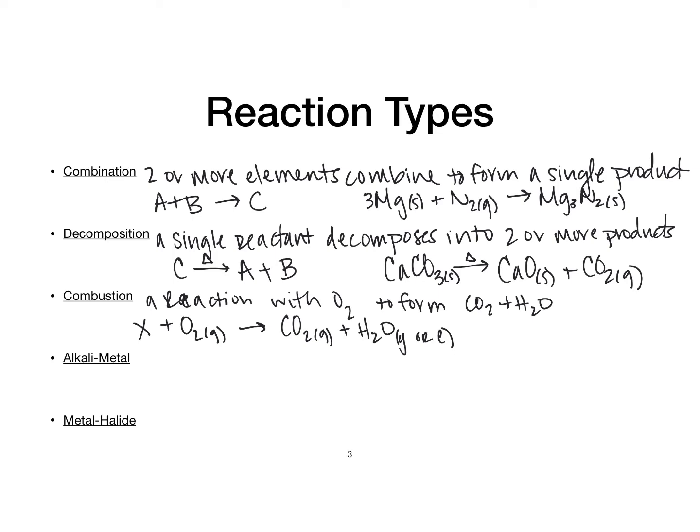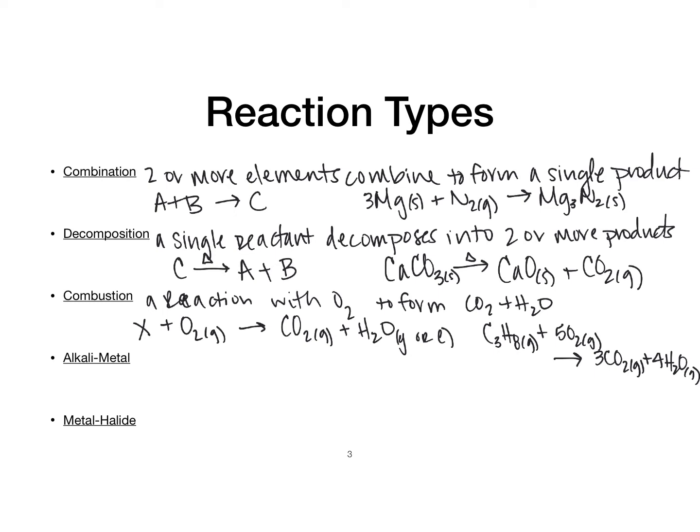So an example for that would be the combustion of propane, which is C3H8 gas plus 5O2 gas. And that's going to give you 3CO2 gas plus 4H2O, also gas.